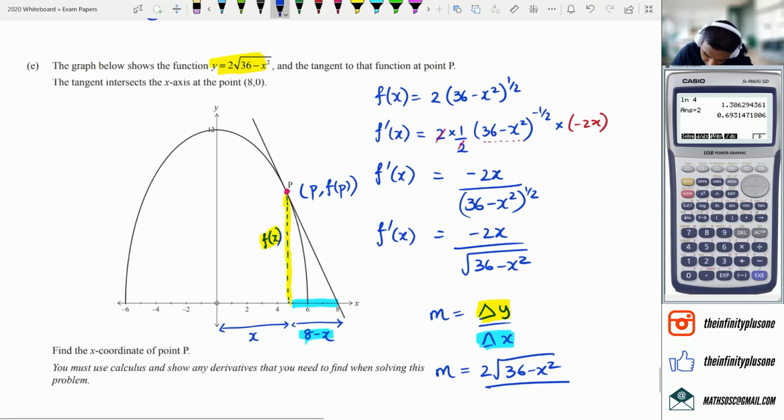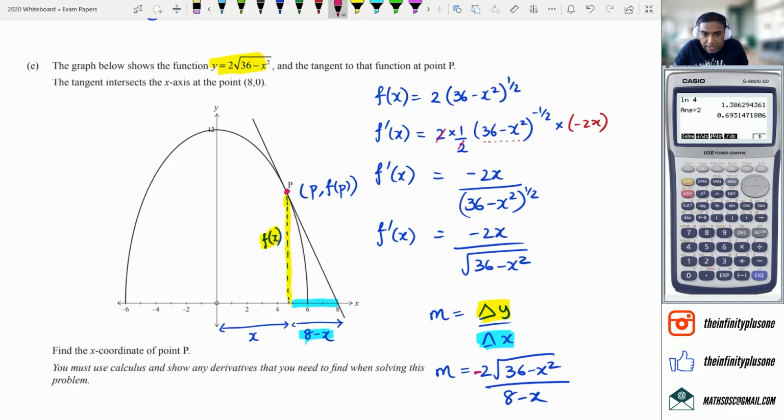So what I've got here is the gradient is equal to root 36 minus x squared divided by 8 minus x. Now the only other thing to keep in mind is that the straight line is actually going down, so we need to make sure we add a negative sign in front there.